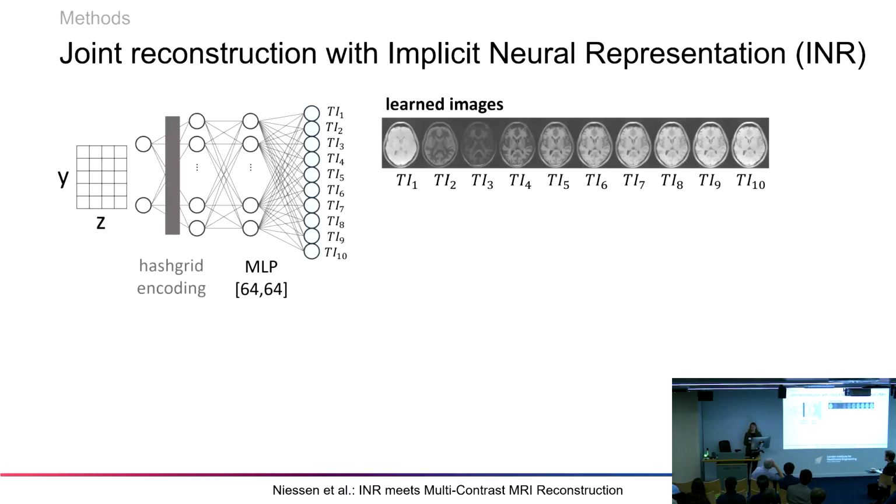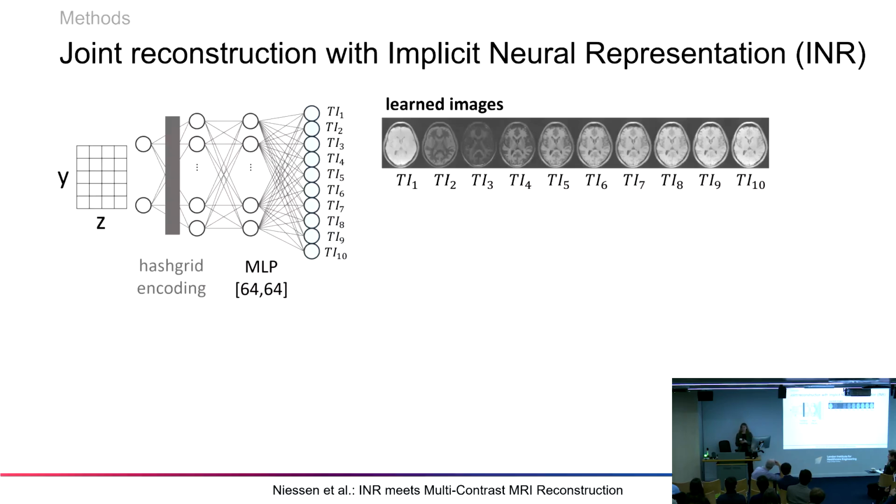This hash grid encoding ensures that we can also learn high frequency information, like details in the image, because usually networks like MLPs would have a spectral bias towards low frequency, so we would just have a blurred image. Additionally to this hash grid encoding, we use a very shallow MLP with just 2 layers and 64 neurons each.